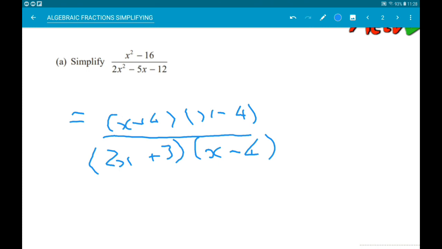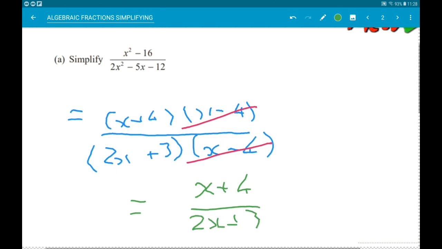Okay, so now it's factorised. We can now see we have common factors of x minus 4. So they cancel each other out and leave us with x plus 4 over 2x add 3.